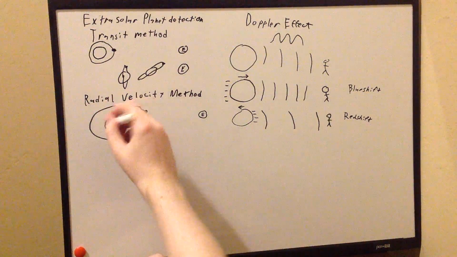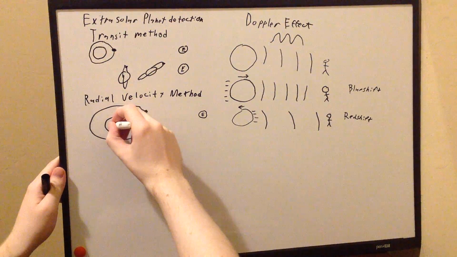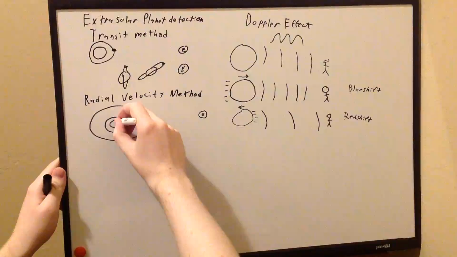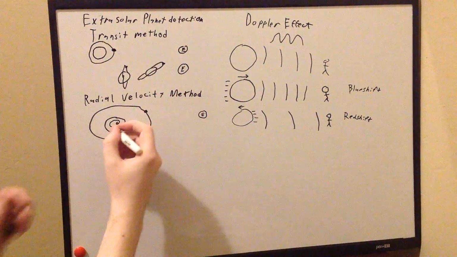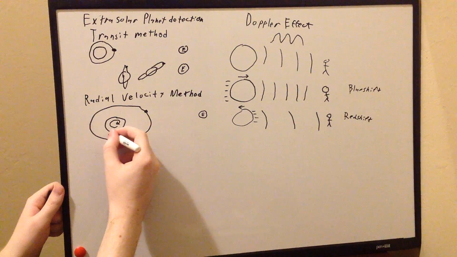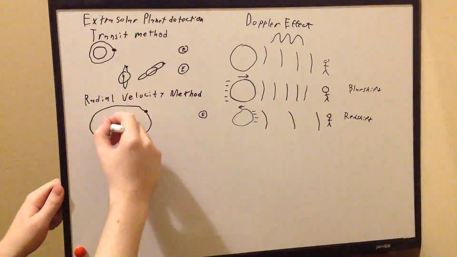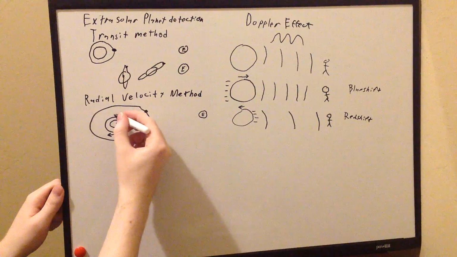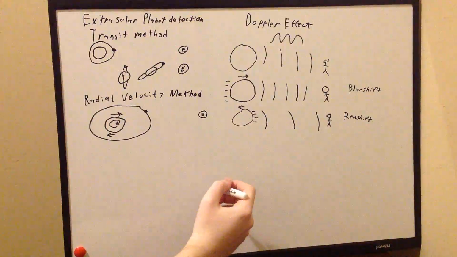And you can see that if this star, I'm going to make its orbit a little bit bigger, it's moving like this in a circle. Then when it's in this part of its orbit, it's moving away from the Earth. And a little bit later, when it's in this part of its orbit, it's moving towards the Earth.